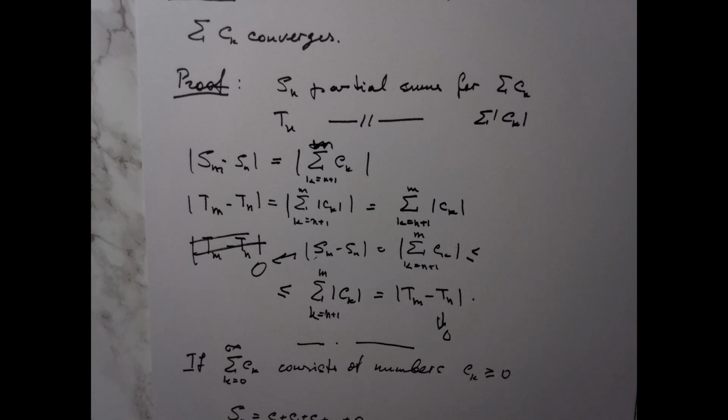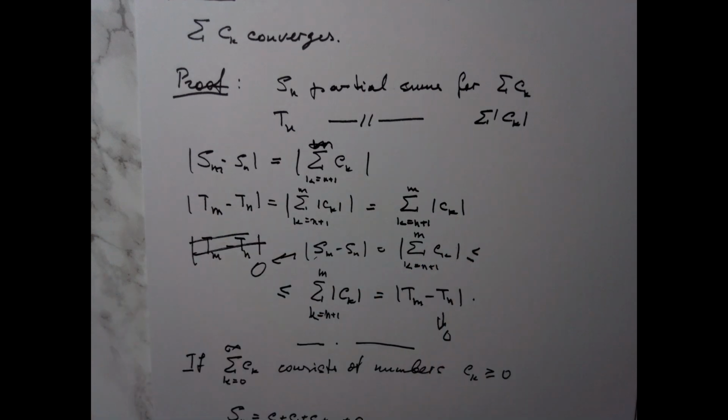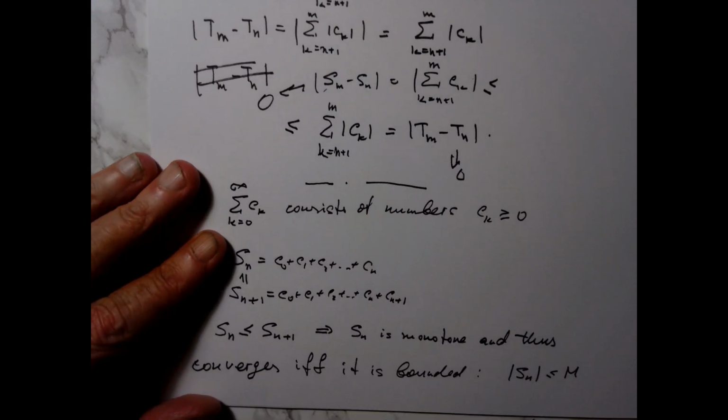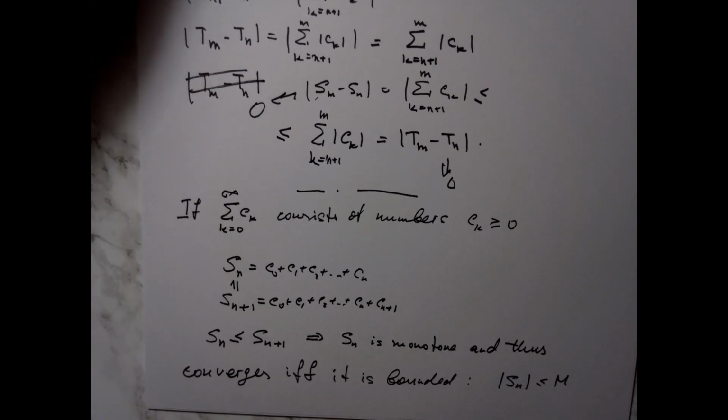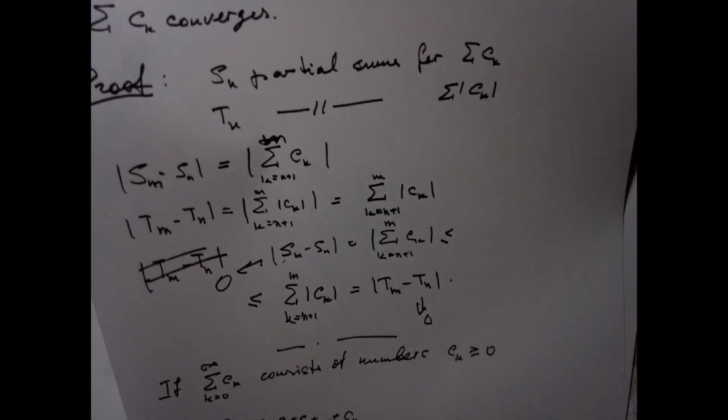In other words, the sequence of partial sums is monotone, and so this particular series converges if and only if the sequence of partial sums Sm is bounded.